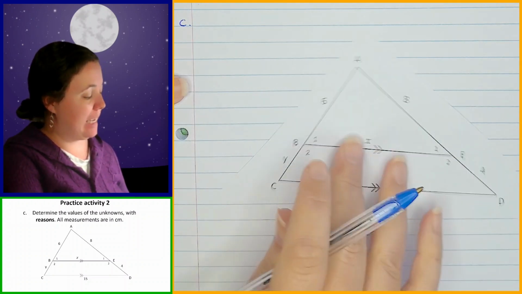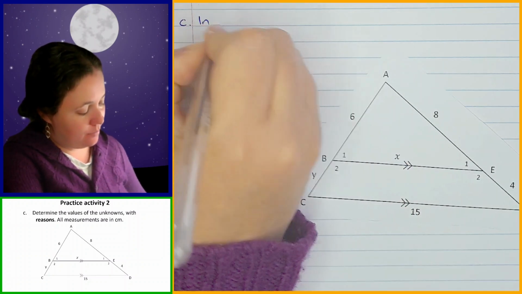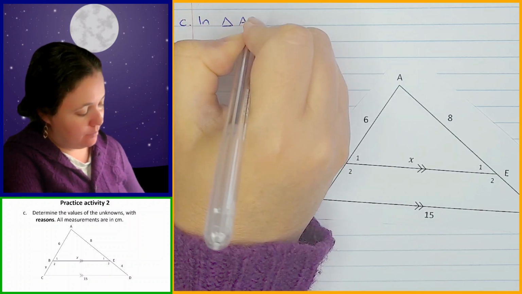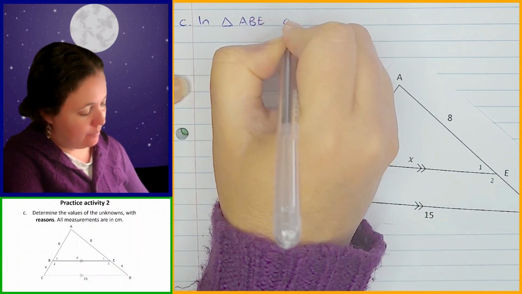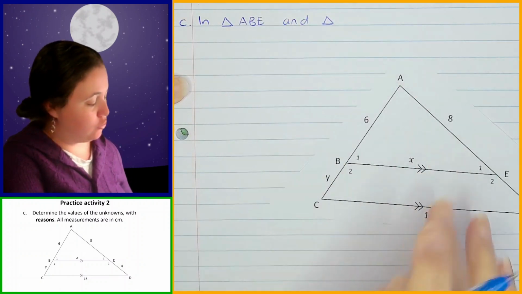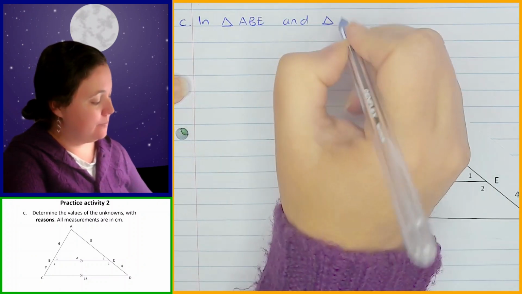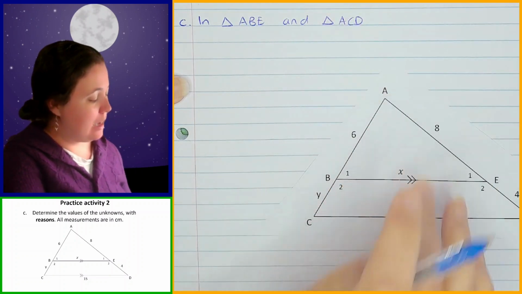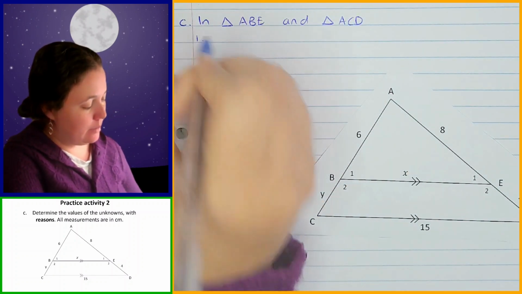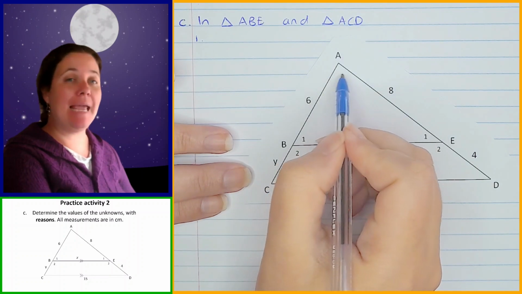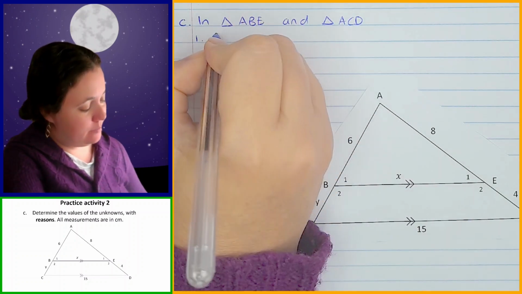So in triangle ABE and triangle ACD, I can say, number one, that angle A is common.